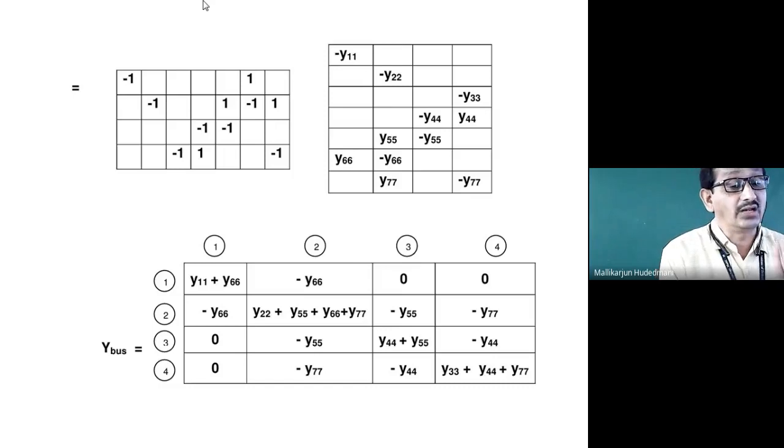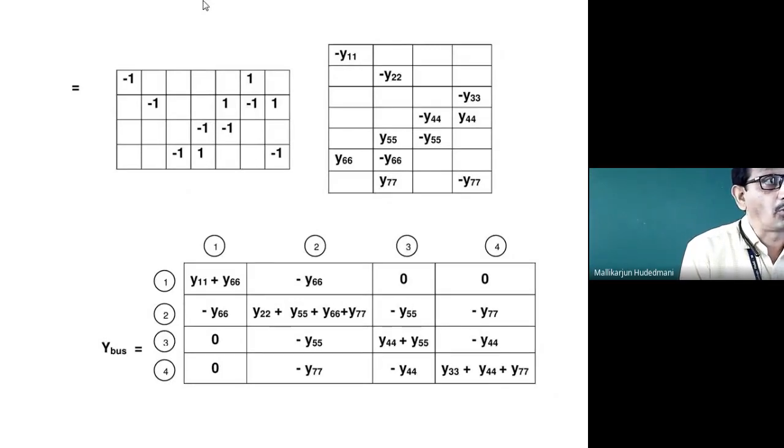Now here I would like to ask, what is the dimension of the output matrix Y bus? It is 4 cross 4. Looking at the problem, how many buses were there in the real problem? There were really 4 visible buses, and 1 ground was invisible. It means practically you had 5 buses, but the output matrix is smaller by 1.